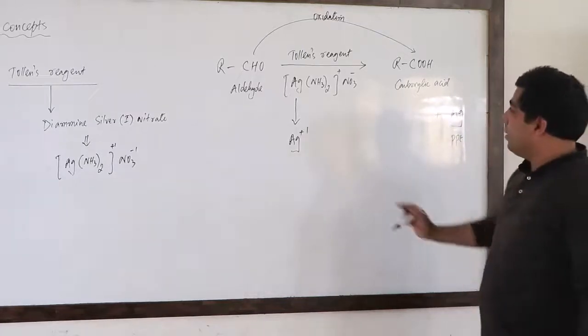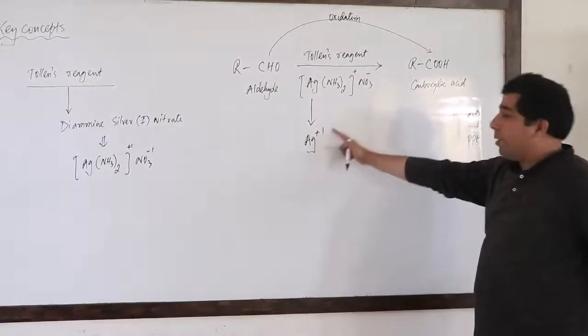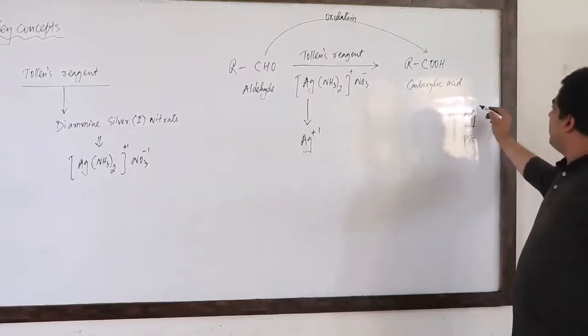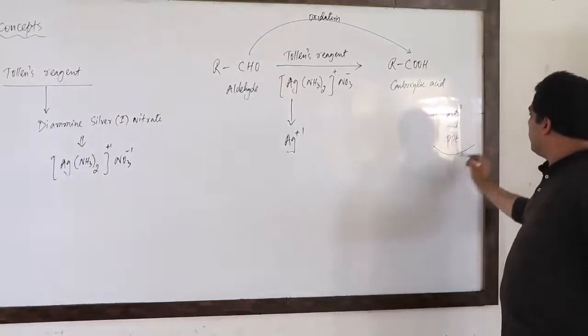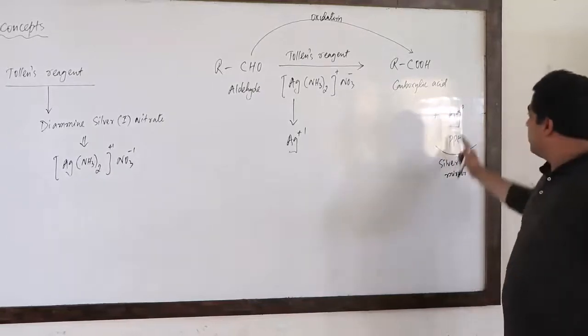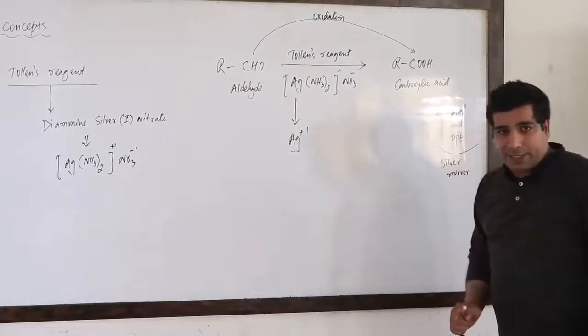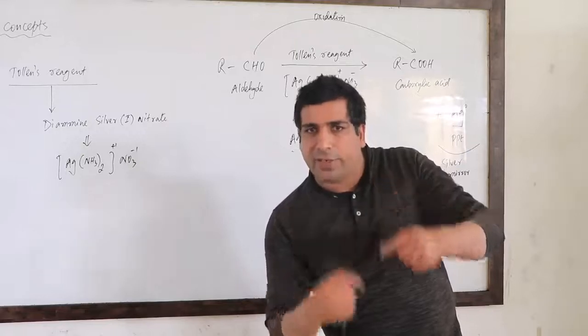Now look here, in Tollens reagent silver was in the +1 state. But on the product side, silver's oxidation state is 0. This precipitate is also known as silver mirror, because the silver sticks onto the internal surface of the test tube.